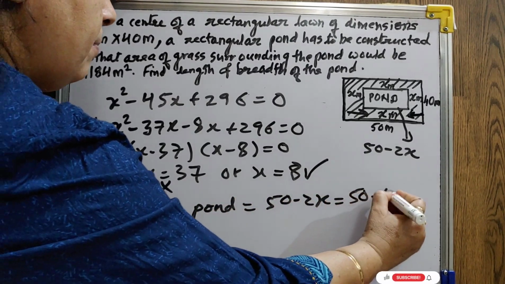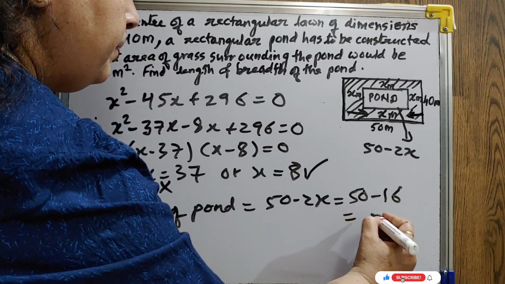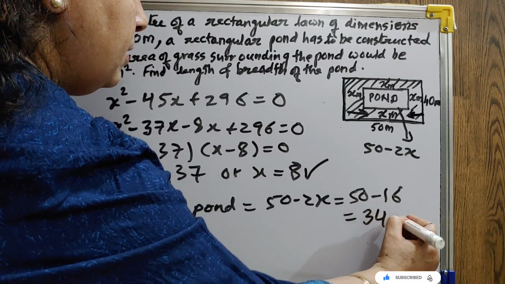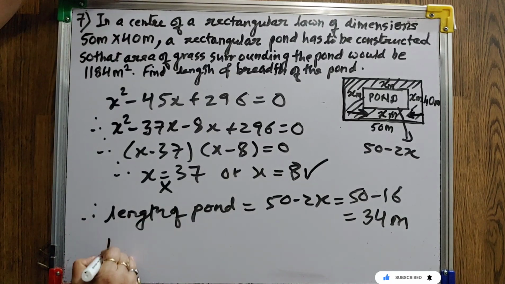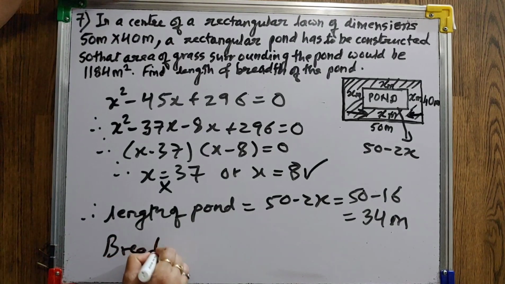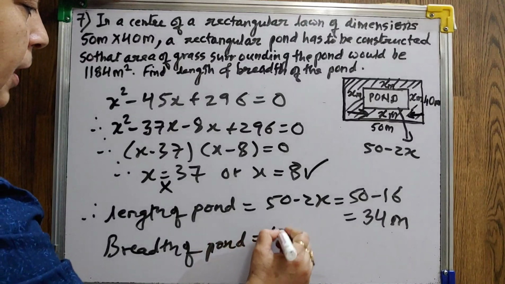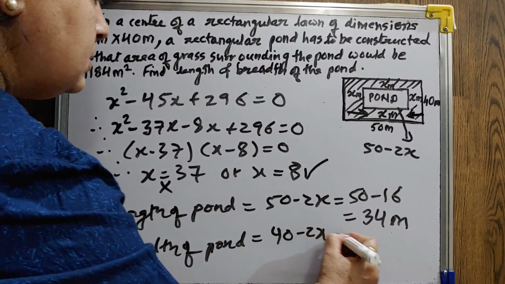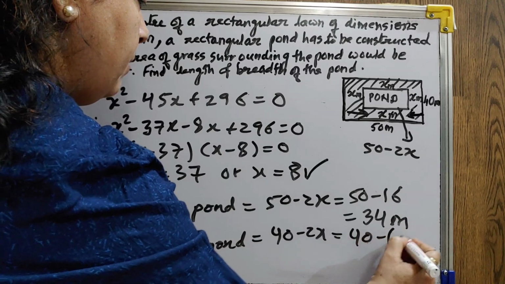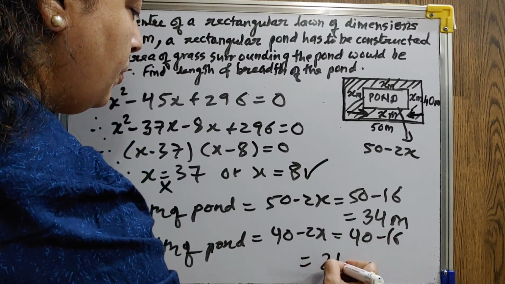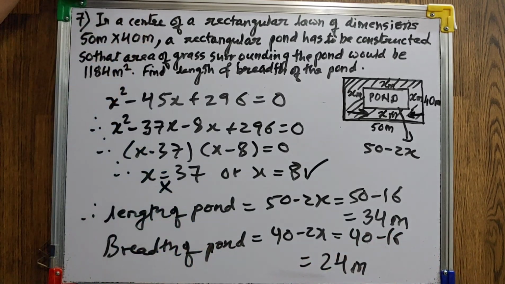So 50 minus 16, that will be 34 meter. Same way, breadth of the pond, that is 40 minus 2x, 40 minus 16, 24 meter.